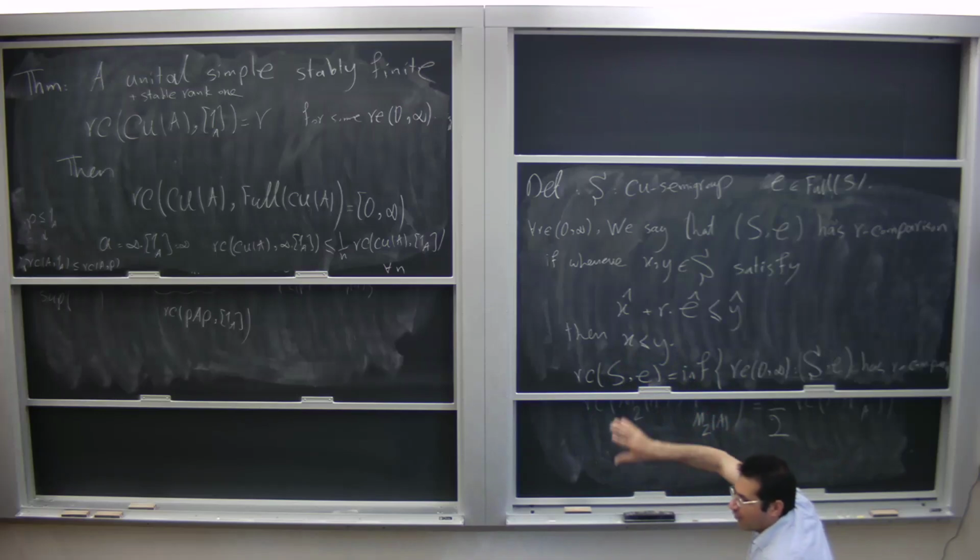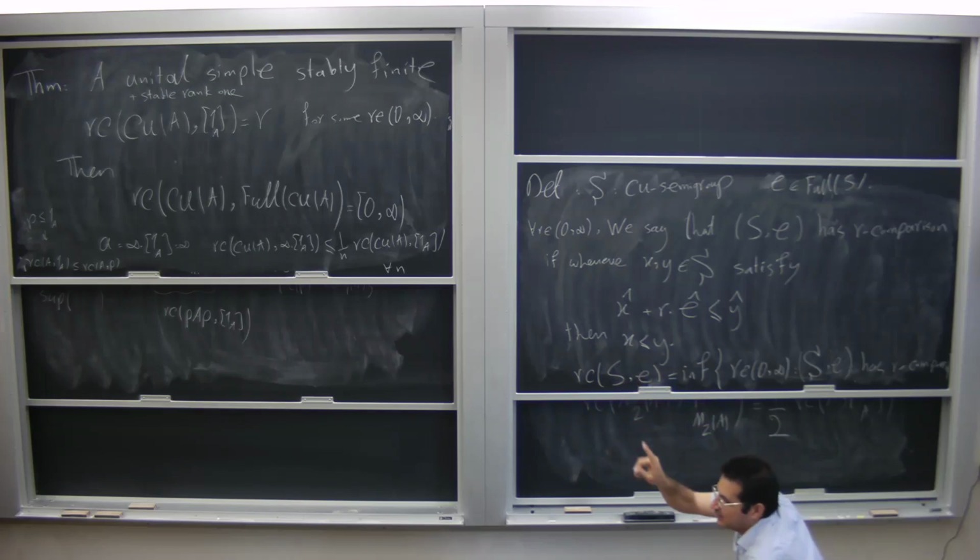So if you take all these Villadsen C*-algebras, then you can even claim that the image of the radius of comparison function is going to be 0 to infinity, not necessarily one single number. Because all of those C*-algebras have a unique radius of comparison, let's call it W.